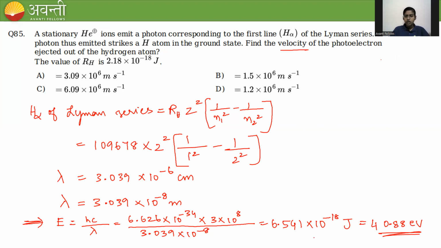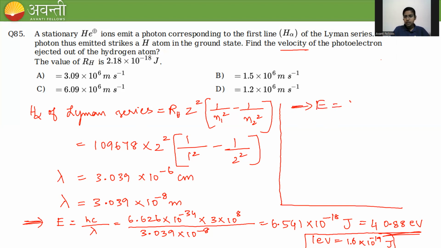Okay. 1 electron volt is equal to 1.6 into 10 to the power minus 19 joule. So using this, we can get the answer in terms of electron volt. So this is the energy. Okay. Now, the total energy will be equal to energy of the hydrogen plus the kinetic energy, right?